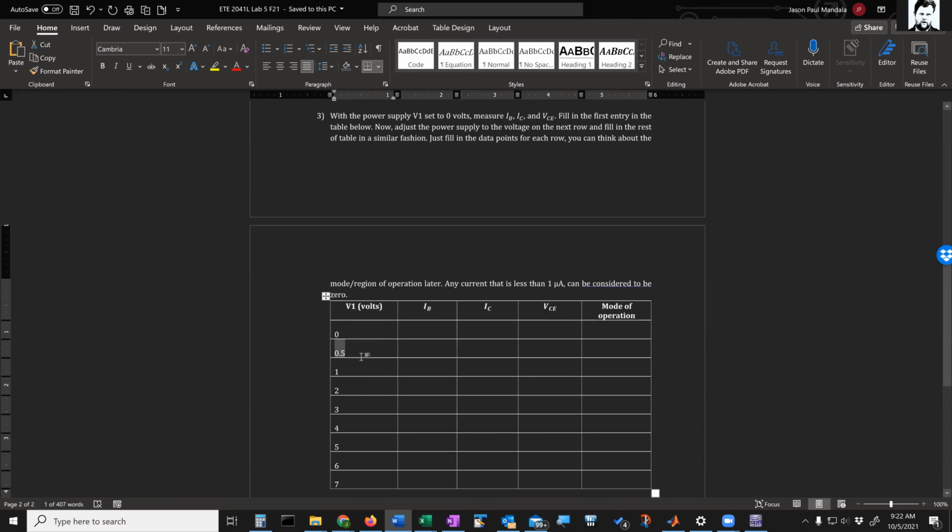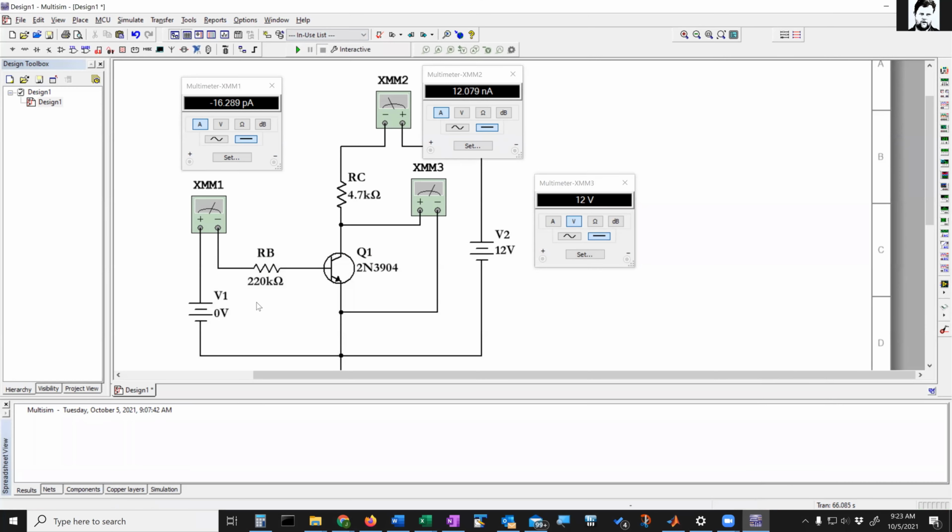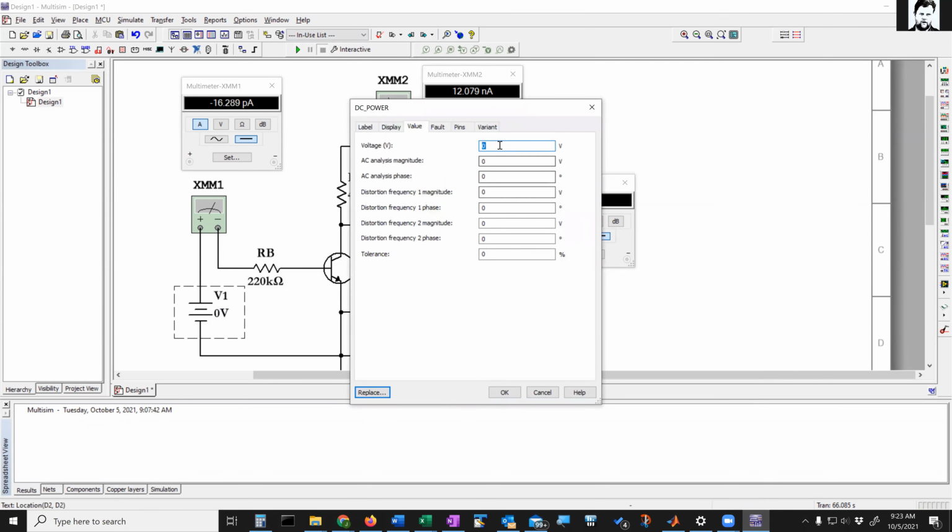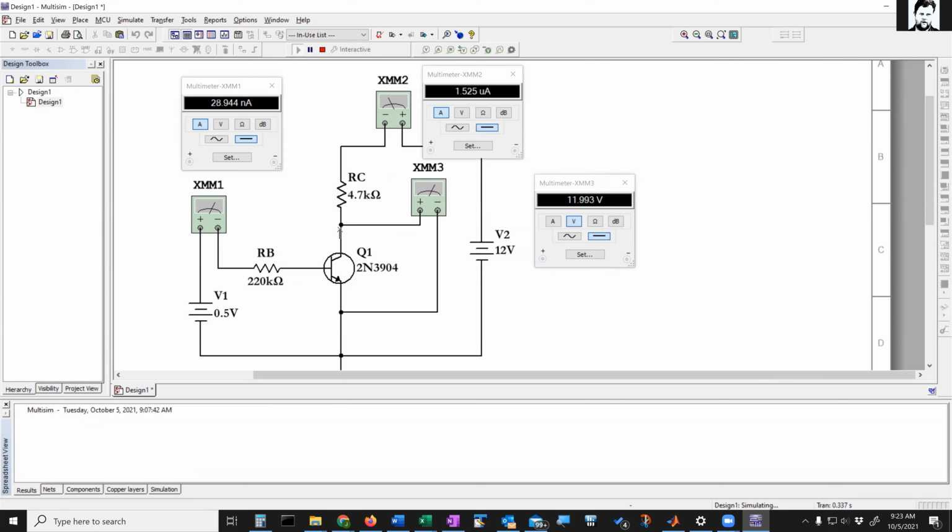Then we're going to increase our base voltage to 0.5 volts. So let me stop the simulation, change this voltage to 0.5 and rerun it. Okay, 0.5 is not quite enough to turn on the base emitter junction, the diode in there.